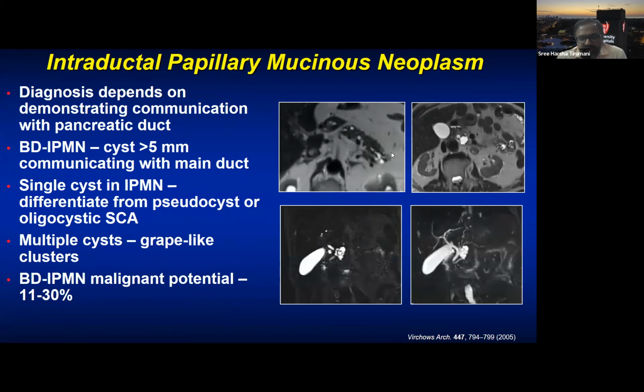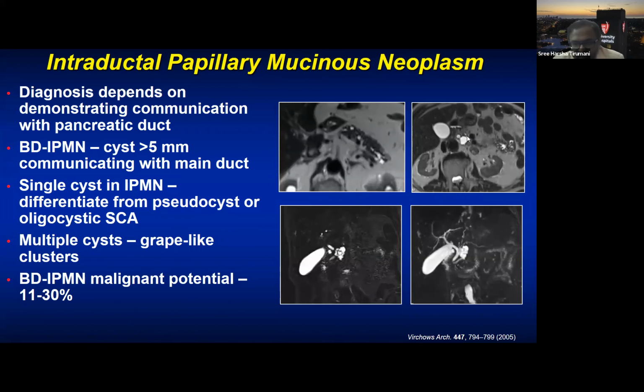Now, this is an example of branch duct IPMN. The main hallmark is a cluster of cysts which are closely packed, but they are not microcystic like we saw in the serous cystoma. And the most important finding which you need to look for in these cases is the duct communication. So if you see a cystic lesion and demonstrate a duct communication, unless it's a pseudocyst, you can be sure that you're dealing with an IPMN.